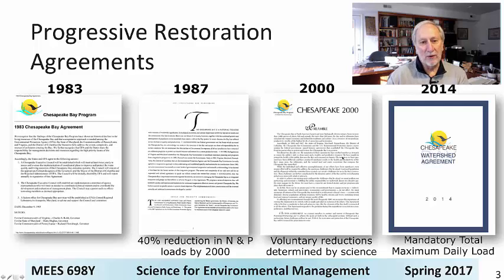So we go from a target that was originally set for the year 2000, and now we're still trying to achieve that same result by the year 2025, and it's still daunting. So this requirement that there will be a total maximum daily load, and that we'll put in place practices that will achieve it by the year 2025, is the important driver at this point.